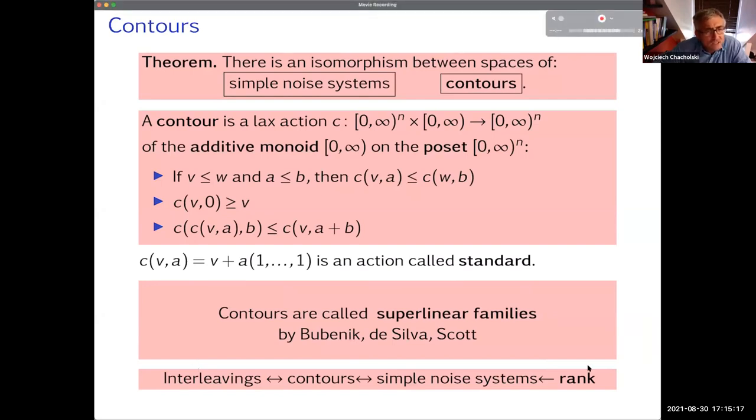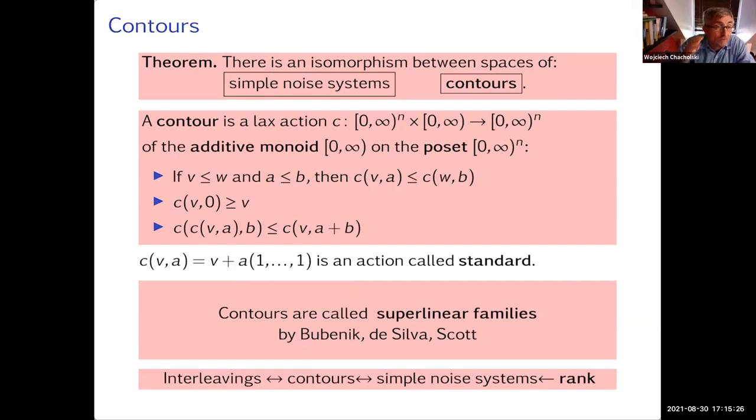Okay, interleaving distances are intimately related to the simplest invariant you have, the rank, on the parameterized vector space. All right, so let's just simplify.